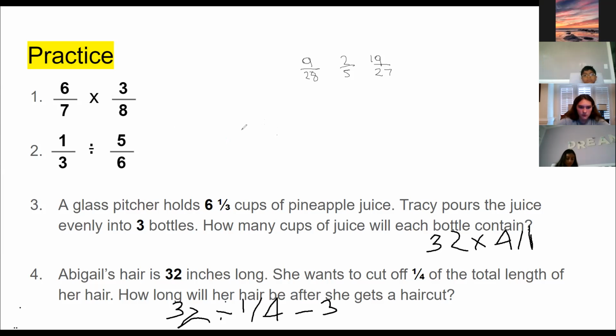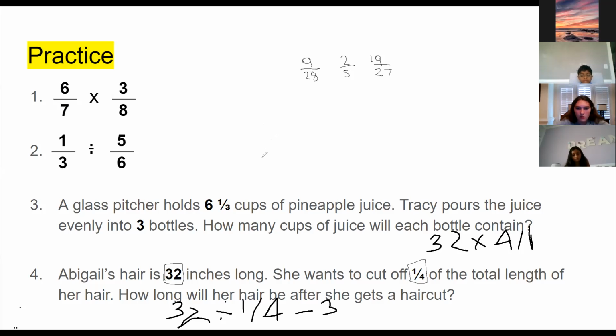Yeah. Okay. So Abigail's hair is 32 inches long. She wants to cut off 1/4 of it. Okay, so I can see why it may seem confusing. So if her hair is 32 inches long and she wants to cut off 1/4, you have to first make the 32 inches into a fraction, right?